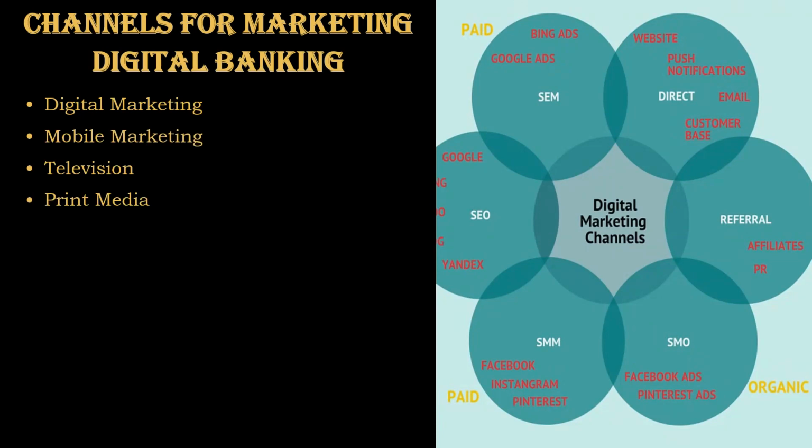Print media advertisements in newspapers and magazines help to reach a wide audience, especially in urban and rural areas. With the help of radio, by use of FM services, we can run ads especially in areas where digital penetration is lower.